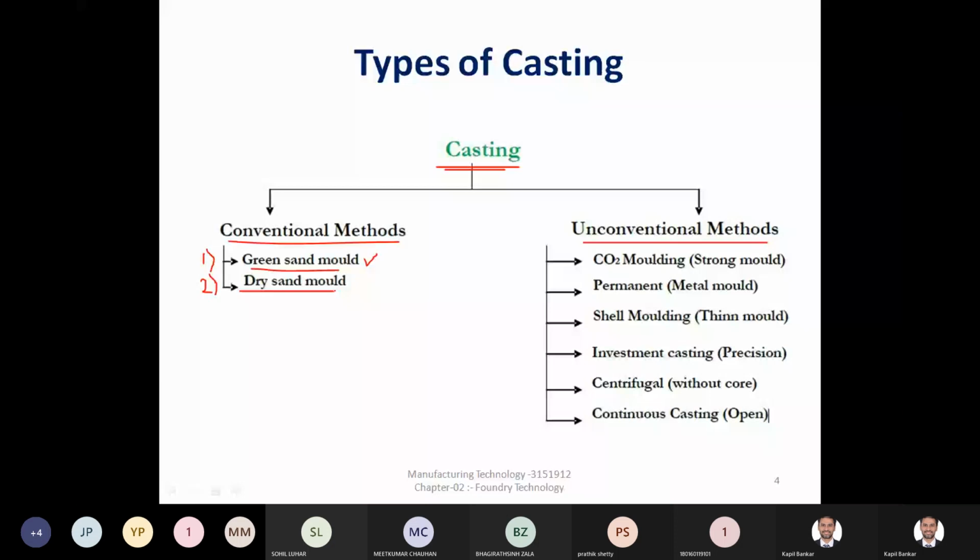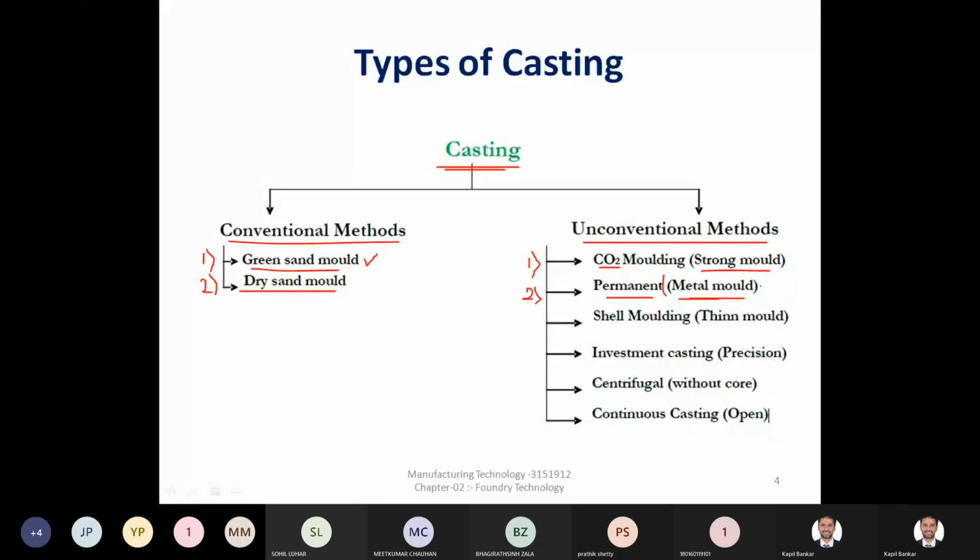On the side of unconventional methods, the first one is CO2 molding, that is carbon dioxide molding, also known as strong molding. The second process is the permanent molding process, also known as metal mold, because in the permanent molding process a metal mold is used as a permanent mold.